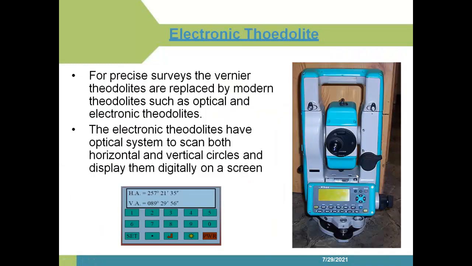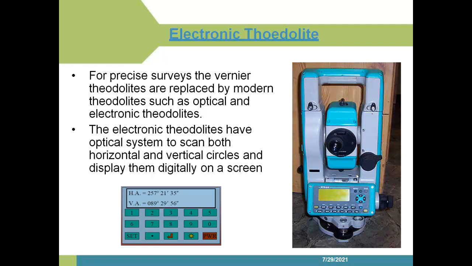So electronic theodolite. For precise surveys, vernier theodolites are replaced by modern theodolites, such as optical and electronic theodolites. In the vernier or optical theodolite, there is a problem: with the vernier and analog theodolite, we are not able to get the reading very clearly.